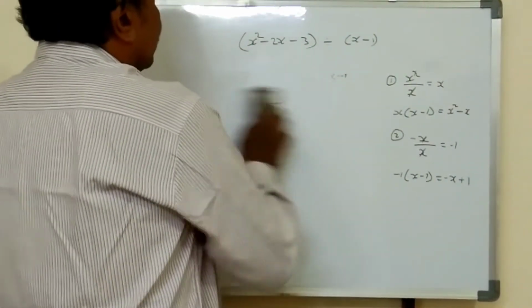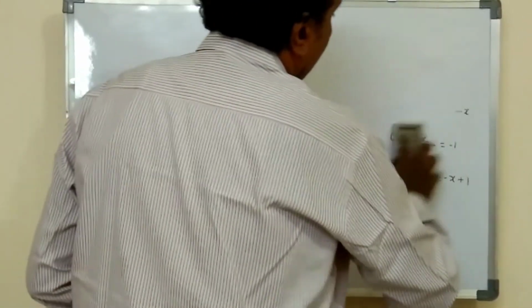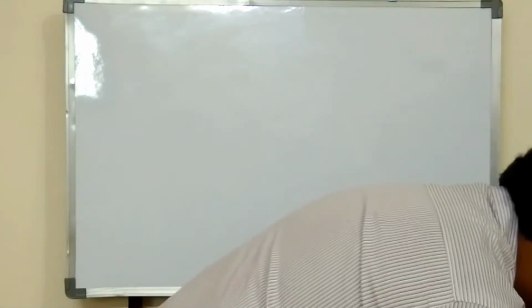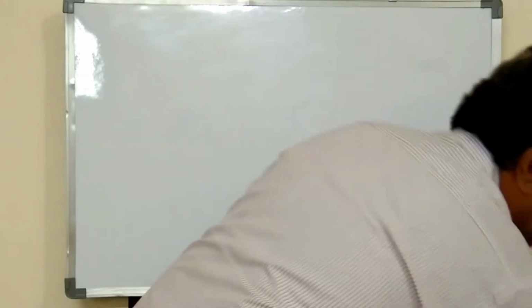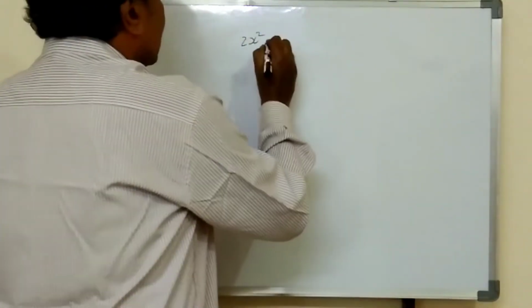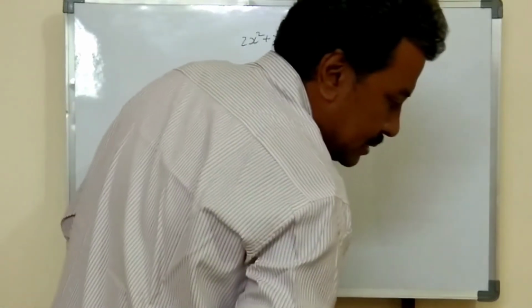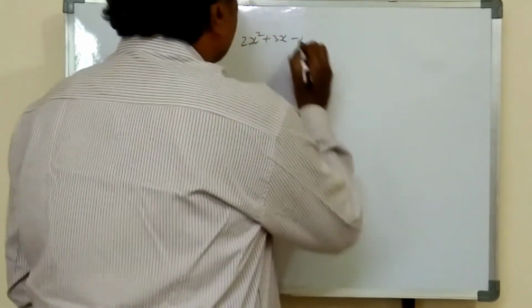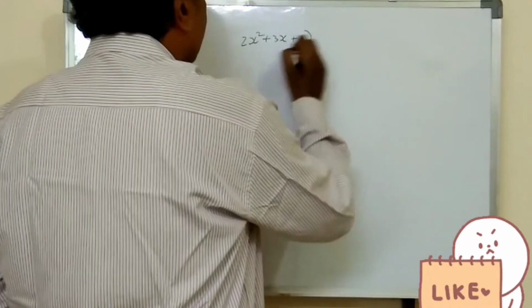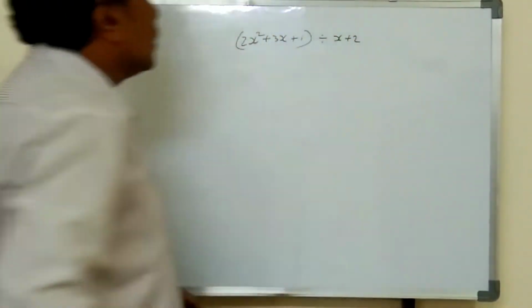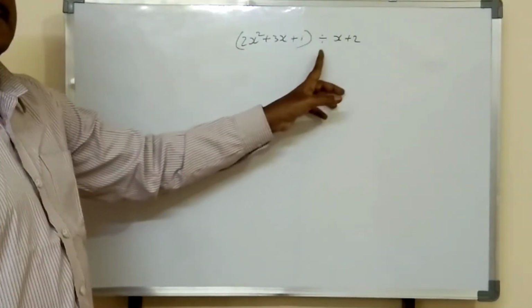Now we'll take one more example. 2x square plus 3x plus 1 is divided by x plus 2.